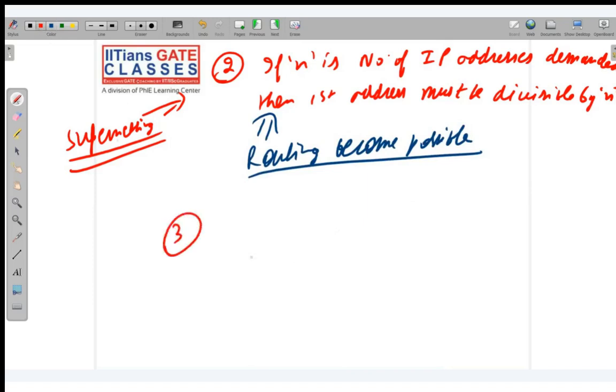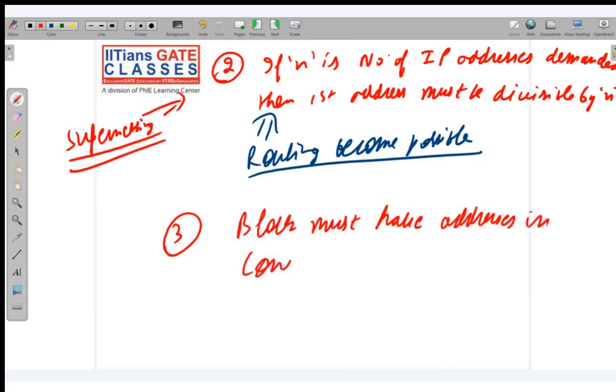And the last, third point is the block must contain addresses in contiguous fashion. That is also similar to supernetting.